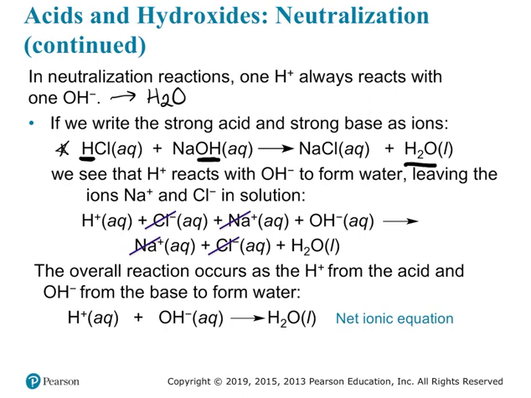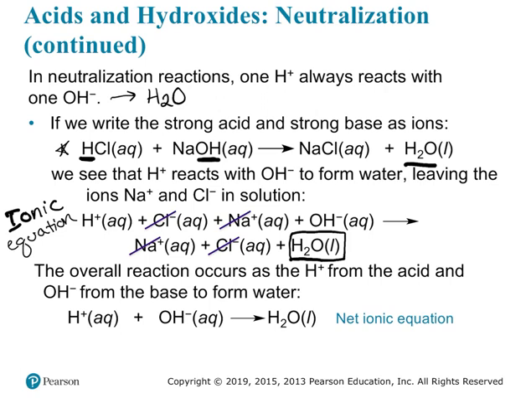So if we write the ionic equation for this reaction, we have H plus, Cl minus, Na plus, and OH minus, and that's going to form Na plus, Cl minus, and H2O. And we're just leaving H2O as a liquid because we're not going to see those bonds break apart. They're not aqueous like the other ions are.